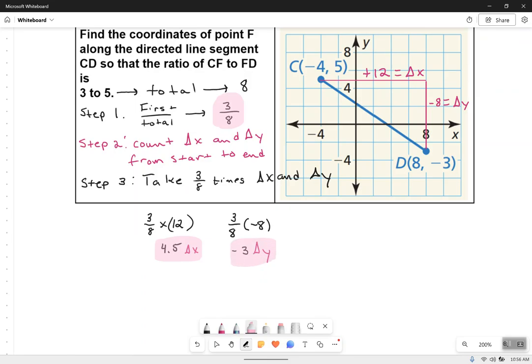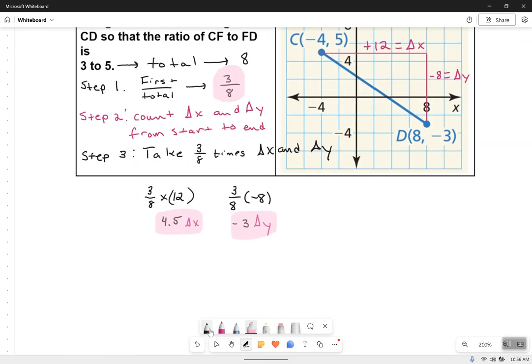And here's what we do in step 4, kids. We're going to say add your step 3 values to your starting point.